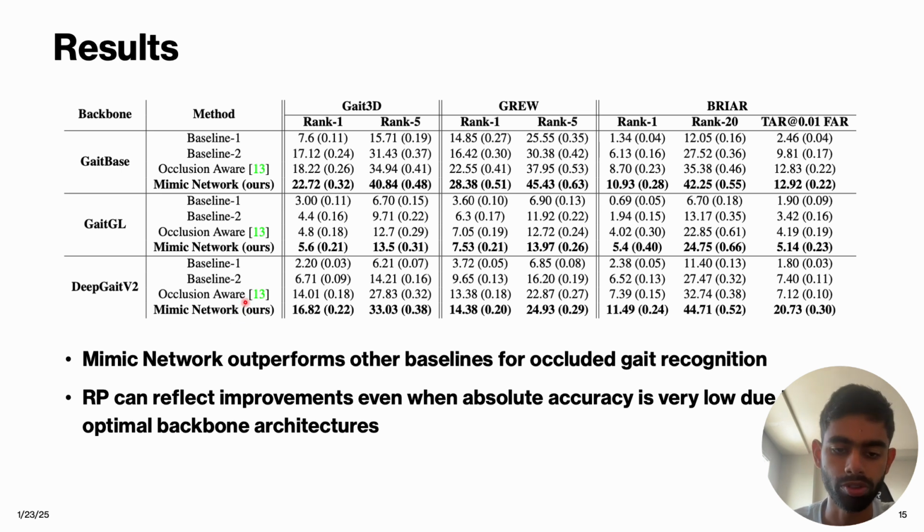It outperforms most of the baselines proposed in previous work, and the new metric relative performance can reflect improvements in cases like this, where the absolute accuracy is very low due to a suboptimal backbone architecture, or maybe due to a very difficult data set like this. But relative performance captures that the data set is actually also very difficult. So it normalizes this, and we get decent numbers even in the relative performance metric.